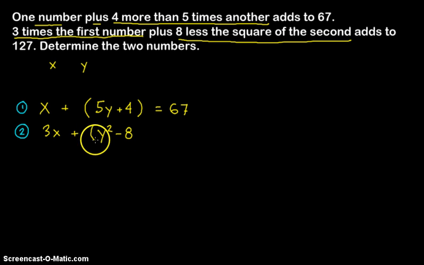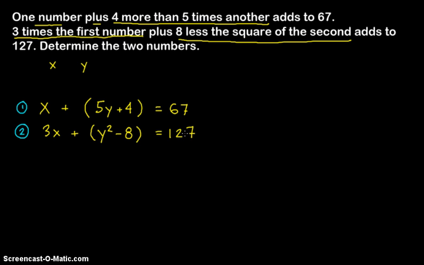So that's what that whole thing is. And notice how I'm saying, because it's all in one little glob there, I'm putting it in brackets. It makes it easier to understand, because when I read, I go 3 times x plus 8 less than square of y. Okay, all right. That's exactly what I'm saying up there. Adds to. That means equals 127.